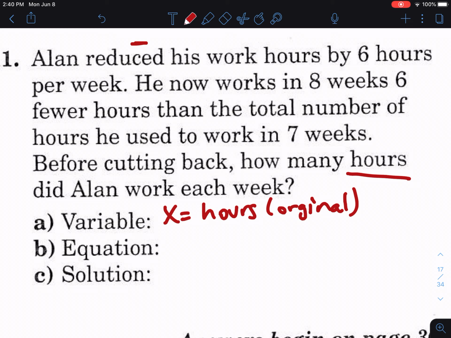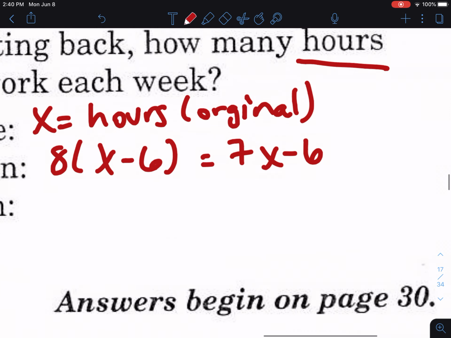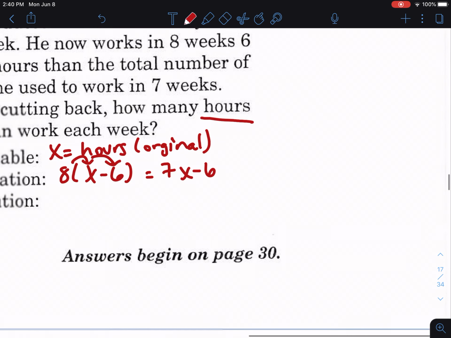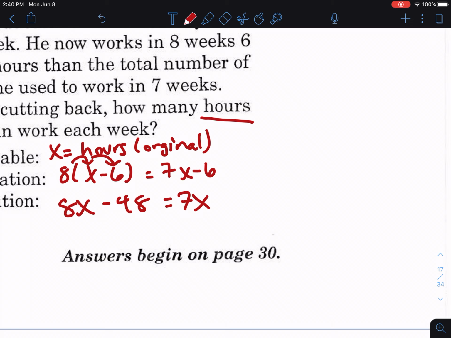Okay, so 8 weeks, 6 fewer hours than the total number of hours. So that's going to be 8 times X minus 6, and then 7 X minus 6. Okay. So we have to distribute this 8 to everything inside. We have 8x, negative 6 times 8 is going to give us minus 48 equals 7x minus 6.